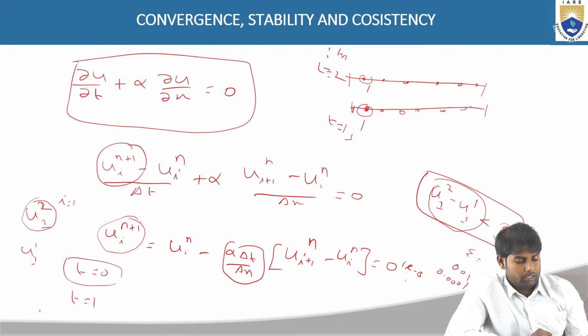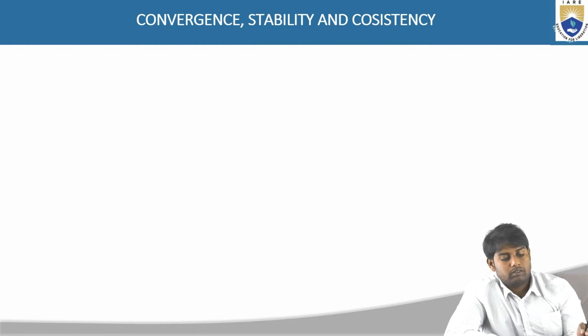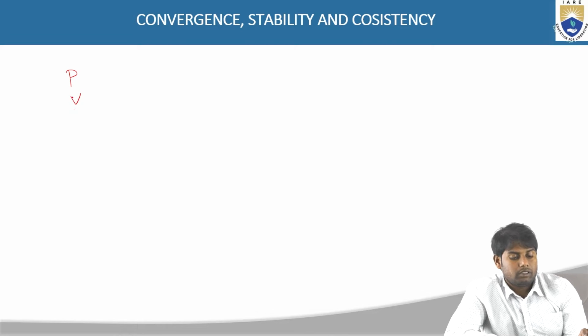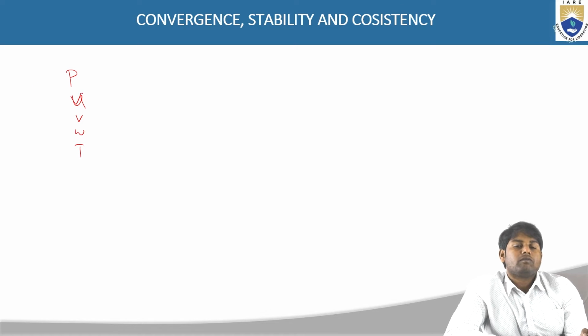So generally what we do is, we will have flow properties. So basically you have pressure, you have velocity, let's say u velocity, v velocity, w velocity, and you have temperature. So in the simulations, let's say you are using ANSYS, or let's say OpenFOAM, depending upon the tool that you use, the convergence criteria is different.